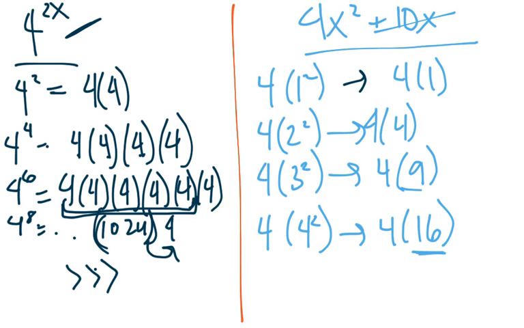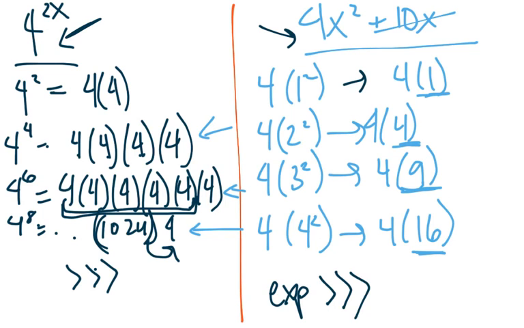But these numbers that we're multiplying 4 by in the quadratic are nowhere nearly as large as what 4 is getting multiplied by in the exponential. And this is why, even though an exponential might start off slowly, growing slowly, or have lower values than a quadratic, eventually the exponential will always outgrow and have a larger value than the quadratic because it is growing much faster than the quadratic.